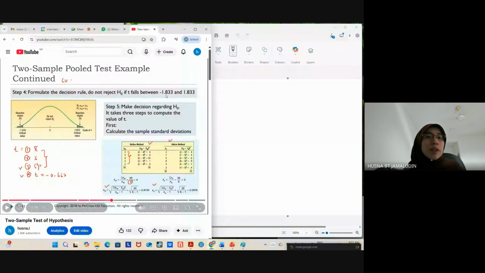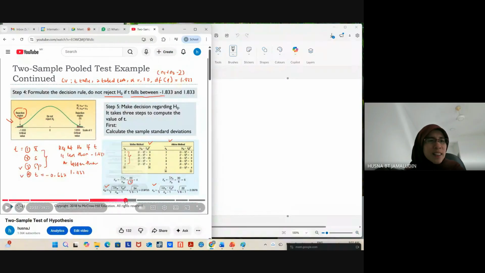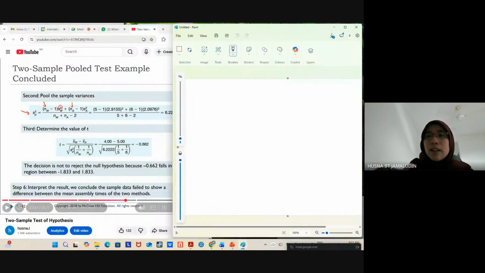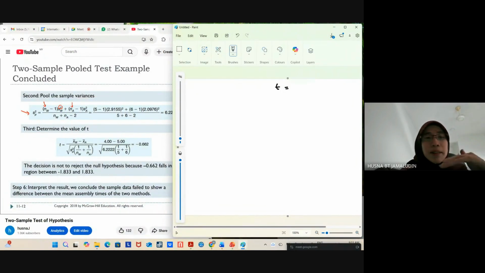CV is between plus and minus 1.833, so you have to compare this with your T value. We will not solve the whole thing because the steps are the same. You got your T equal to negative 0.662.